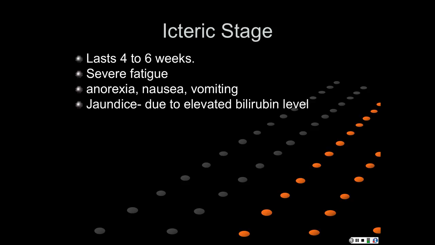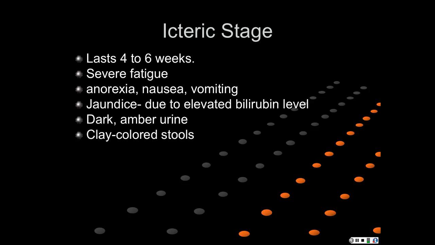And then, of course, they become jaundiced due to elevated bilirubin, because the liver is not able to work on the bile to change it to where it can be excreted, so it goes back into the blood. The urine presents as dark amber because of the high levels of bilirubin, and the stool is described as clay-colored.